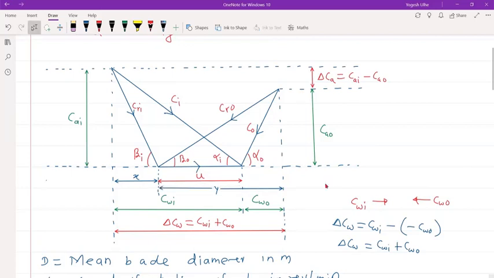Okay. Now guys, if you see here, see the diagram. Y, sine of beta o, sorry, cos of beta o. Guys, have a look here.